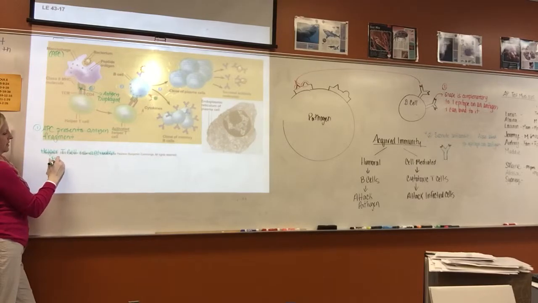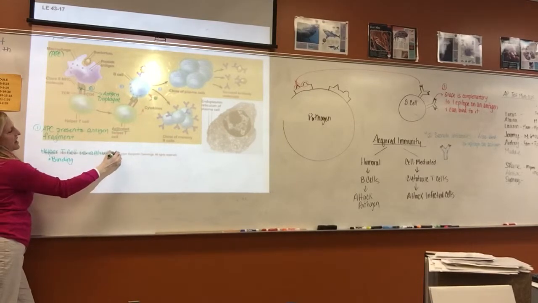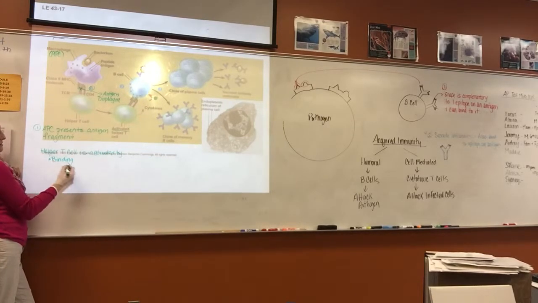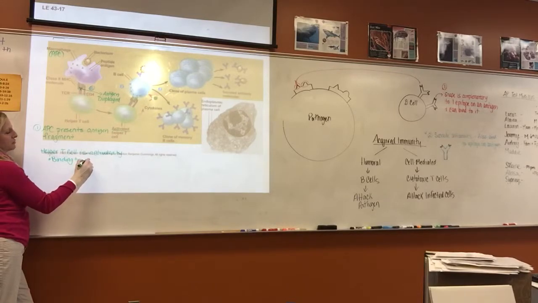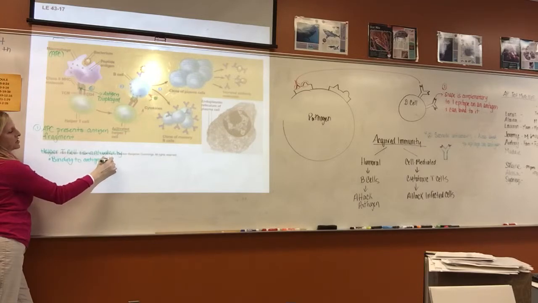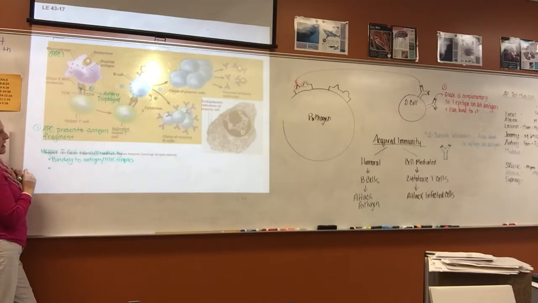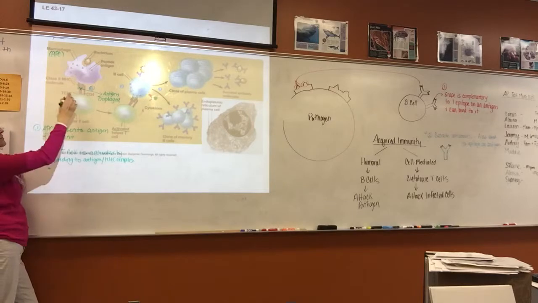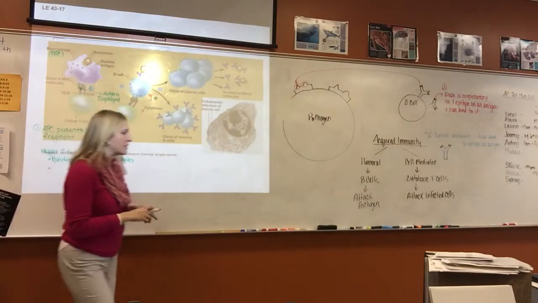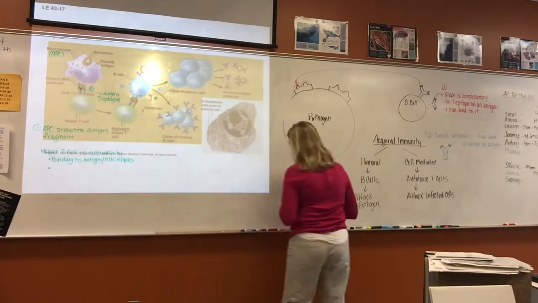So it's activated by binding to the antigen, I'll put MHC complex. And then the second thing that activates it is something that they didn't illustrate here that we talked about in the previous picture.